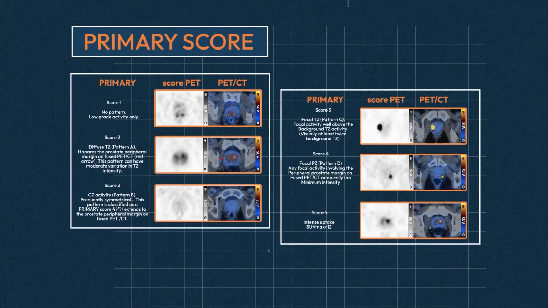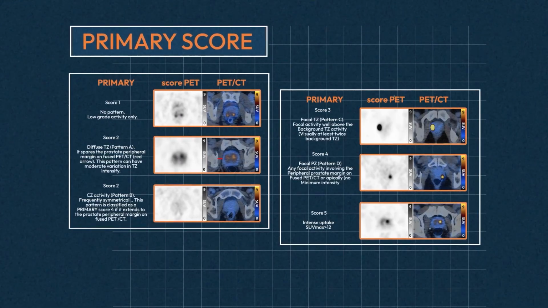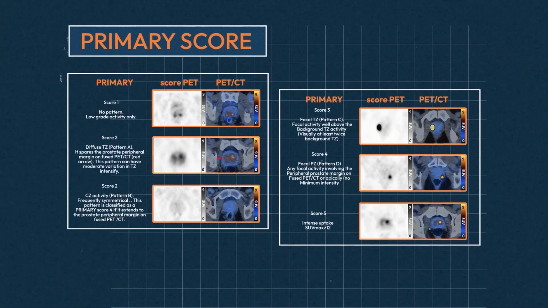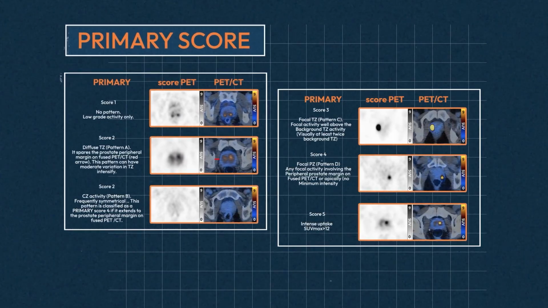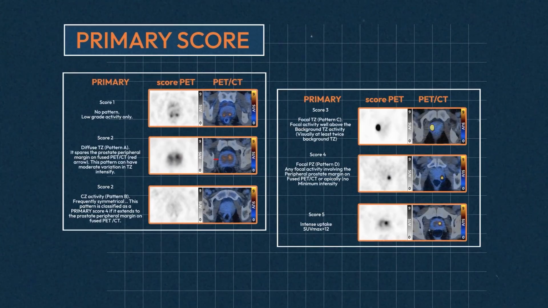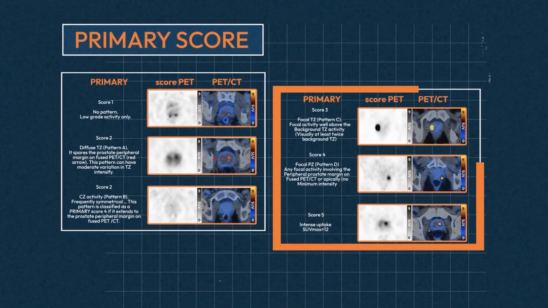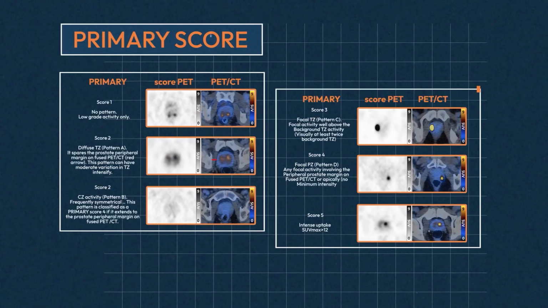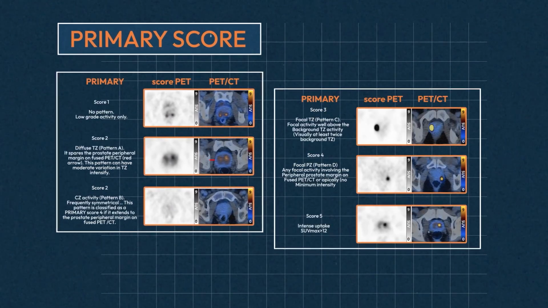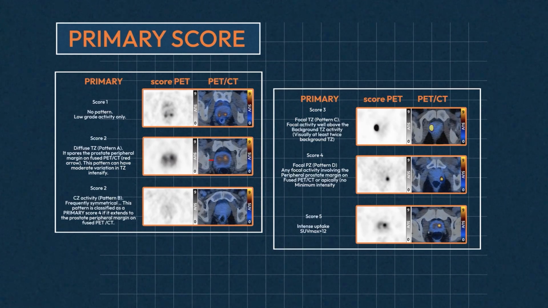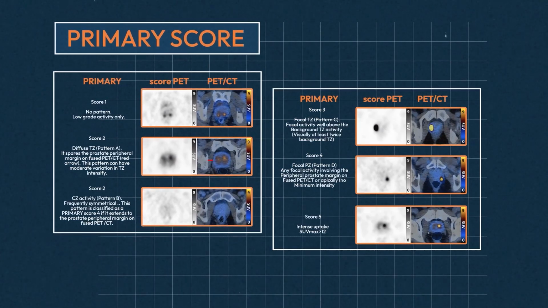And those patterns of uptake that are most suspicious for prostate cancer are those that tend to be focal and more intense. So we can see in the primary scores 3, 4, and 5, you have more intense focal uptake either in the central zone or in the peripheral zone.